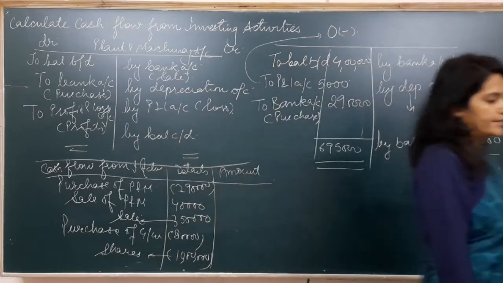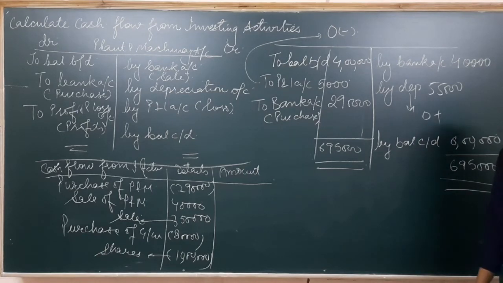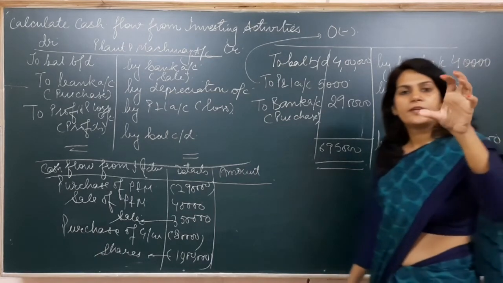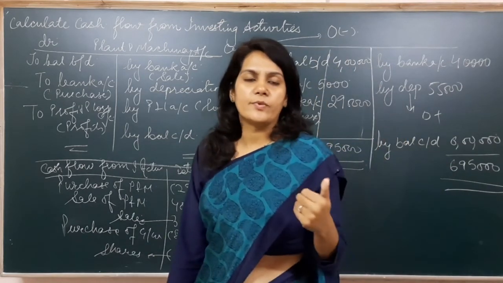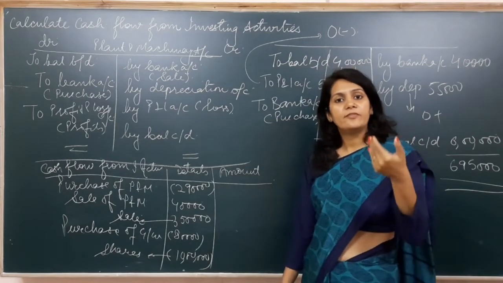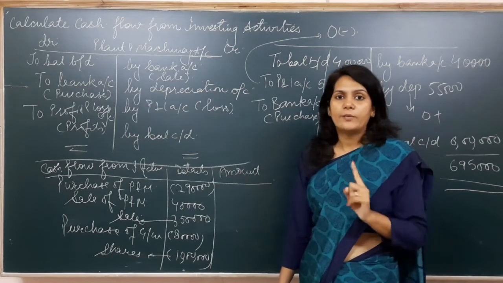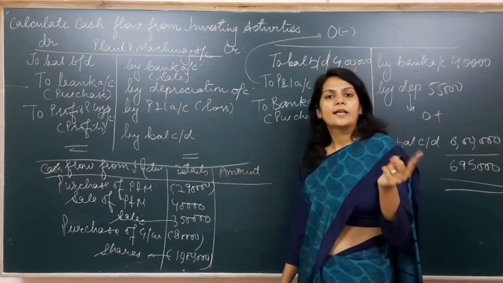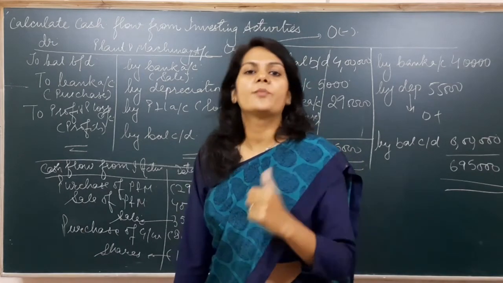Now just check the next item. Next is 12% long-term investment. Now as I told you, whenever this sort of rate of interest is given to you in the question, it is a kind of hidden adjustment. So if it is 12% investment, it means that we have received interest at the rate of 12% on the investment. And I have already made this point very clear to you that in the current year, we receive interest on the investments made in the previous year.